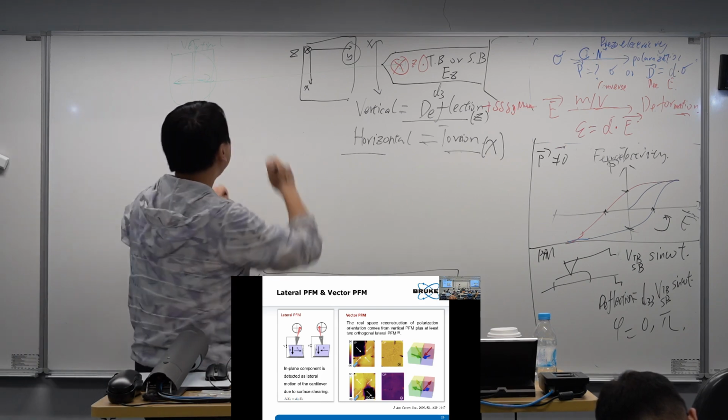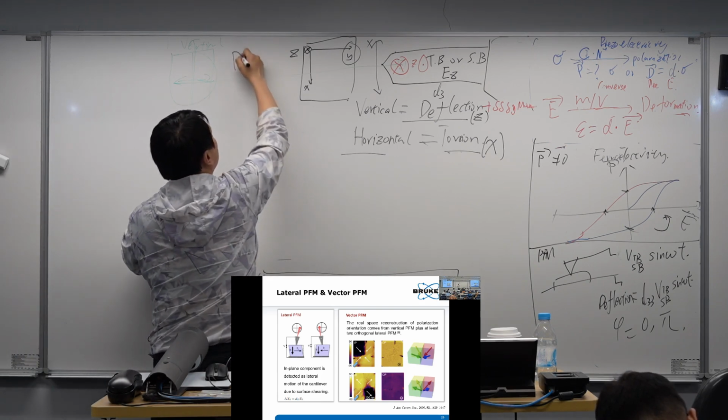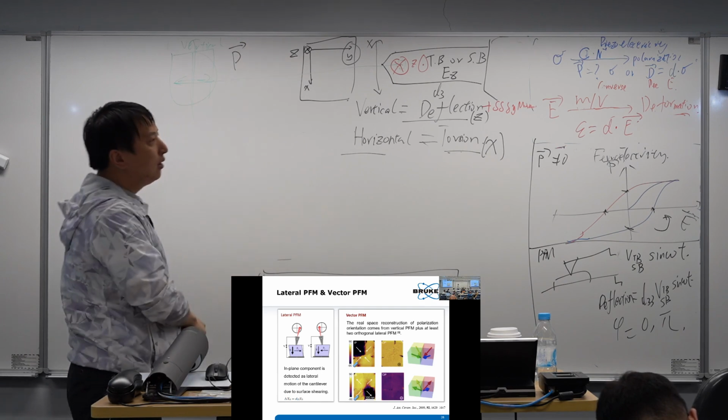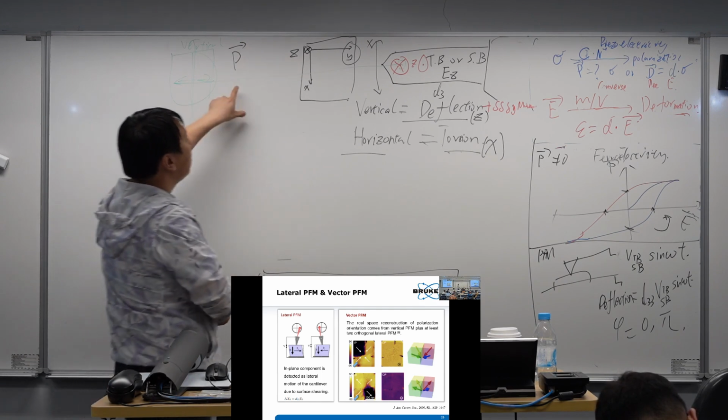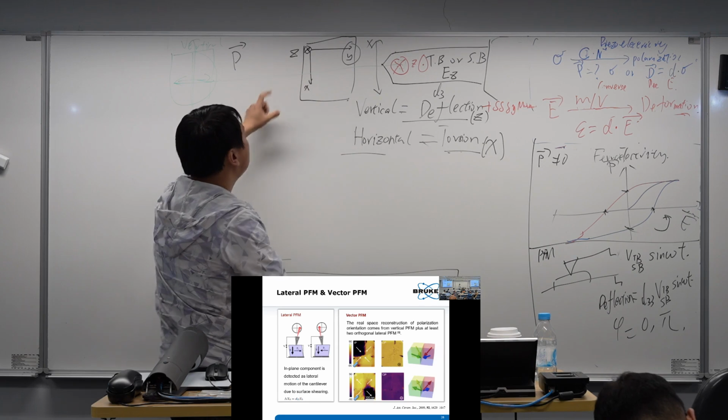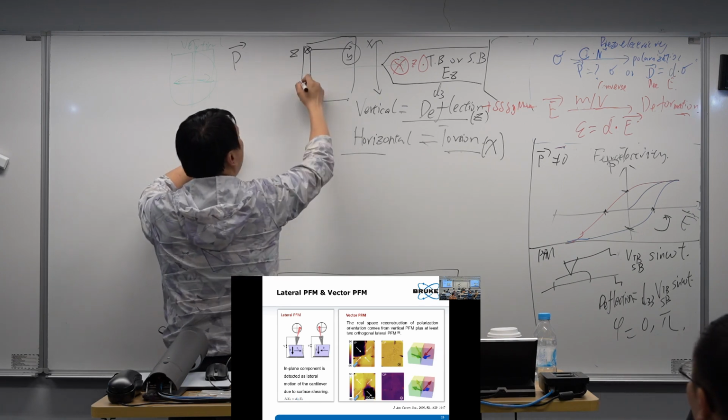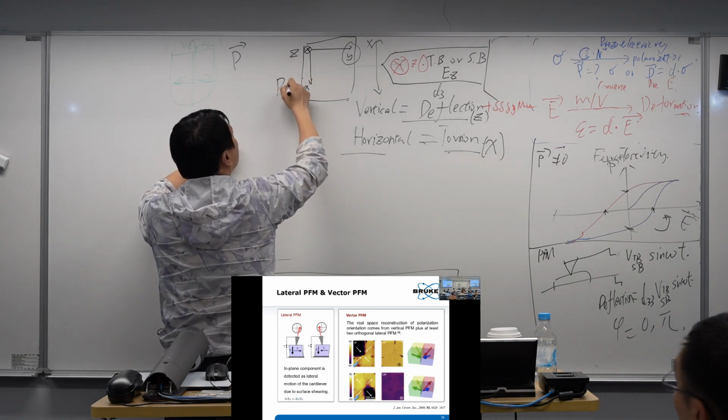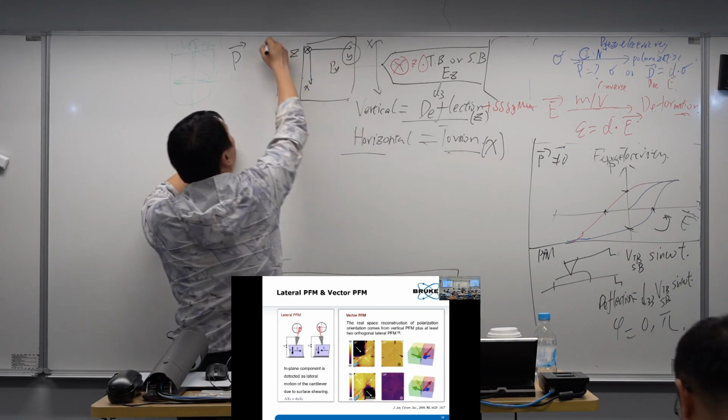So if we have a polarization, and we place it in space, it will have the Px, Py, and Pz.